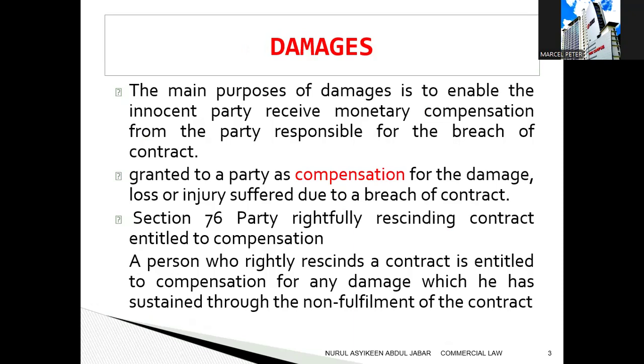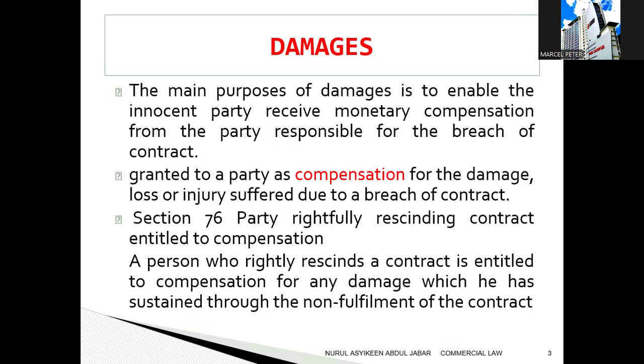So let's discuss damages as a remedy for breach of contract. Damages are given to allow the innocent party to receive monetary compensation from the party who breached the contract. In simple words, damages mean money paid as compensation for the loss, damage, or injury suffered because a contract was not fulfilled.